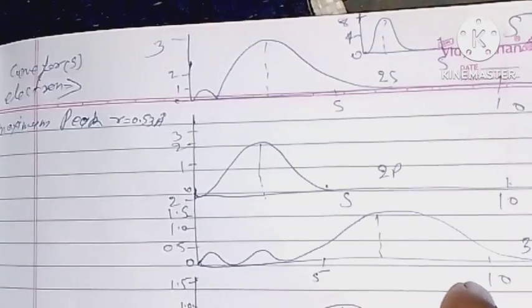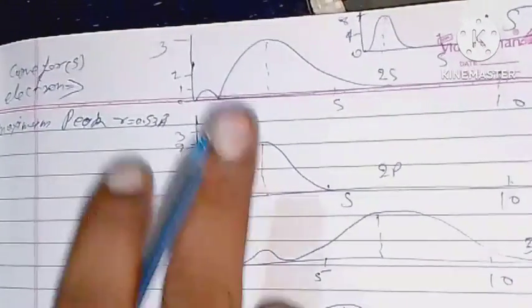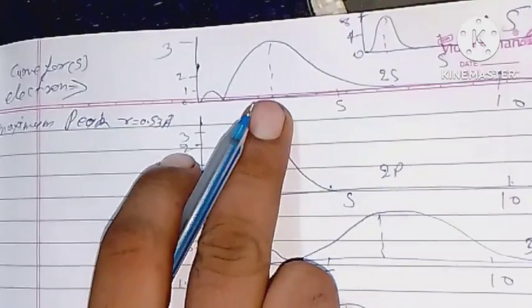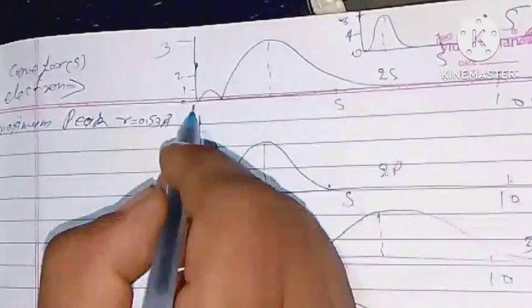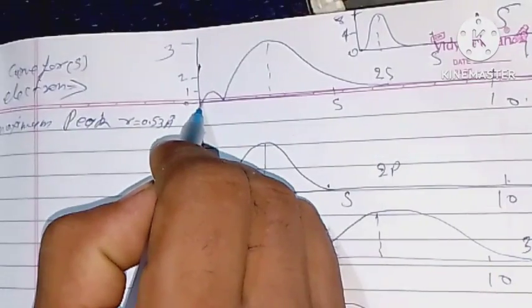In the curve for 2s, probability is 0 at r equal to 0.